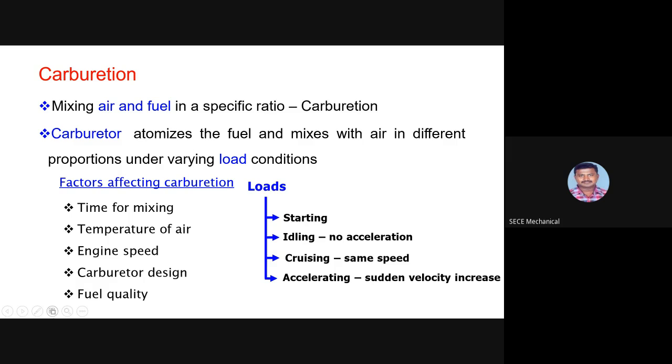If the temperature of the air exceeds the targeted value, that is not useful for the combustion process. The combustion process will not be very efficient when the intake air temperature is much higher than what we fixed earlier. Abnormal engine speed, carburetor design, and fuel quality are all important parameters that affect carburation.